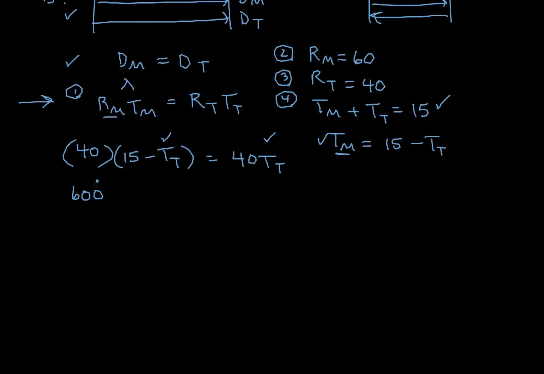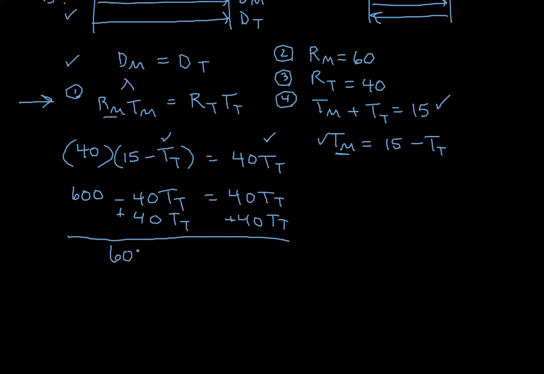I'm just going to check that real quick. Yep. Minus 40 time Tuesday equals 40 times Tuesday. We're going to add 40 to both sides. And we get 600 equals 80.